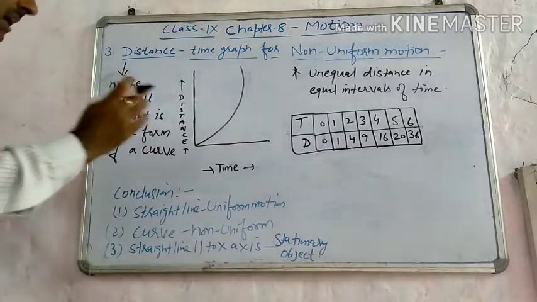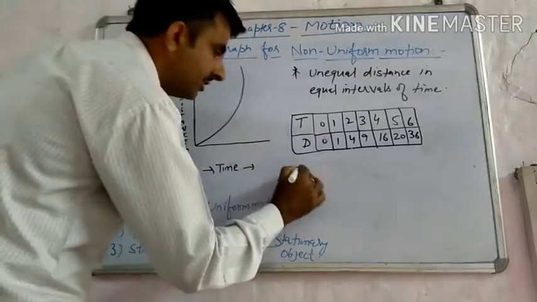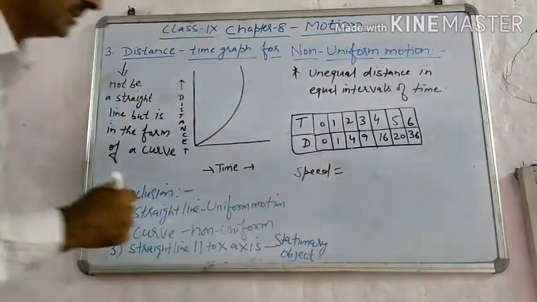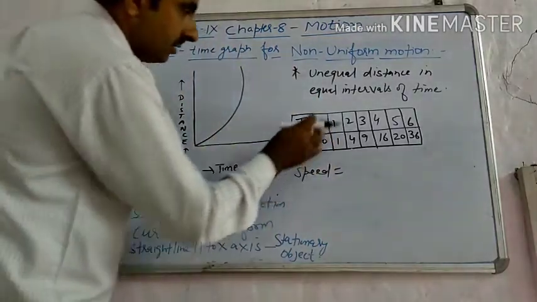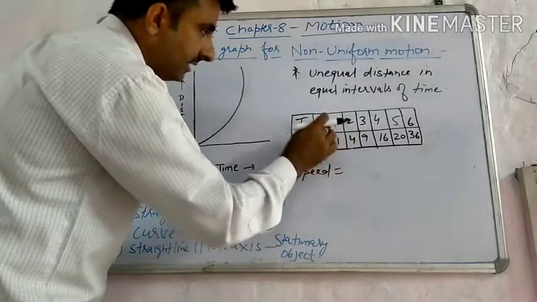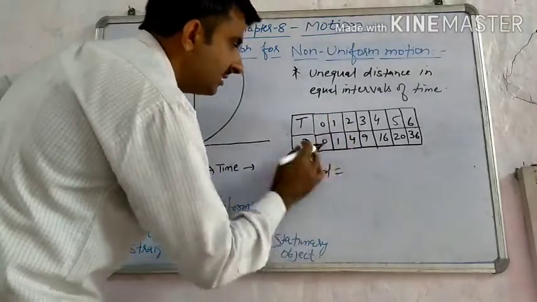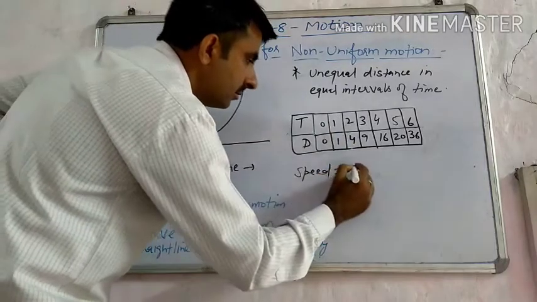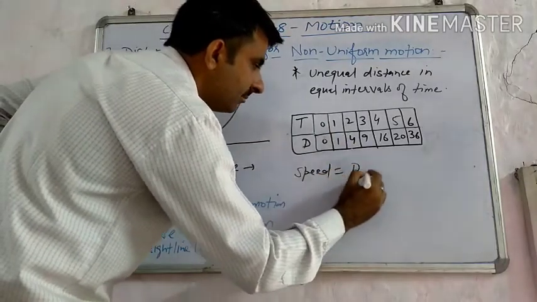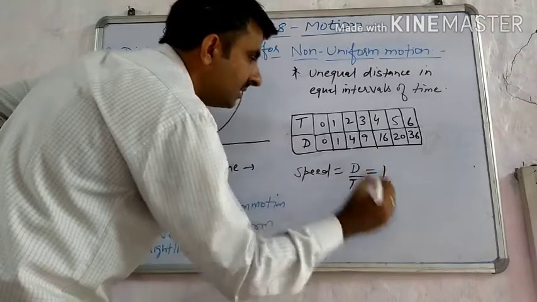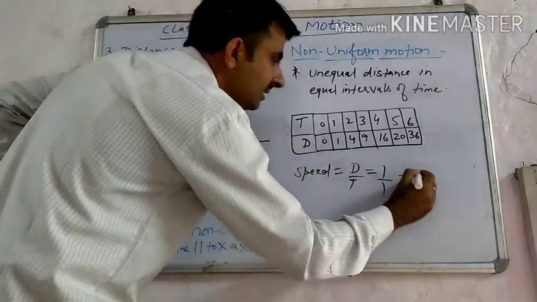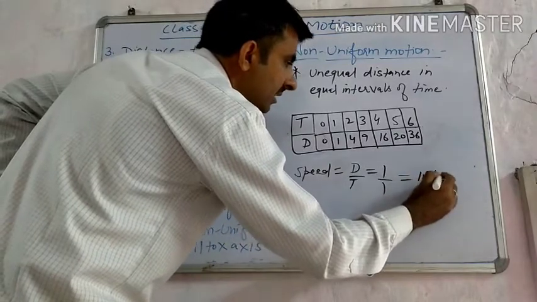So here, if we want to calculate speed, or we can say velocity, then for example, if we take distance by time, at 1 second, distance is 1 meter, time is 1 second, speed is 1 meter per second.